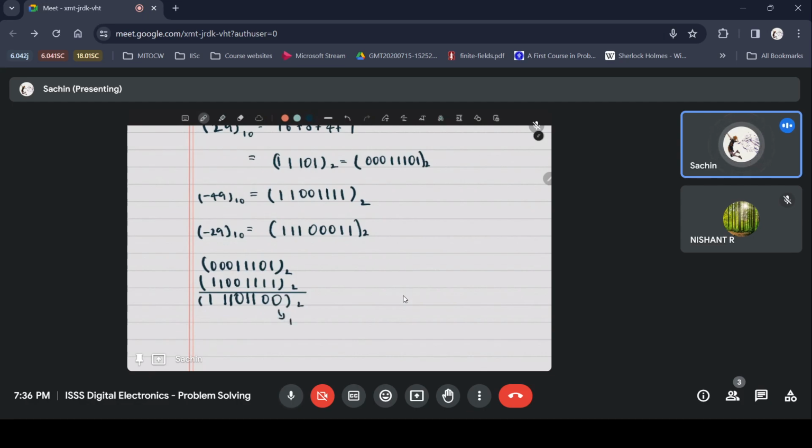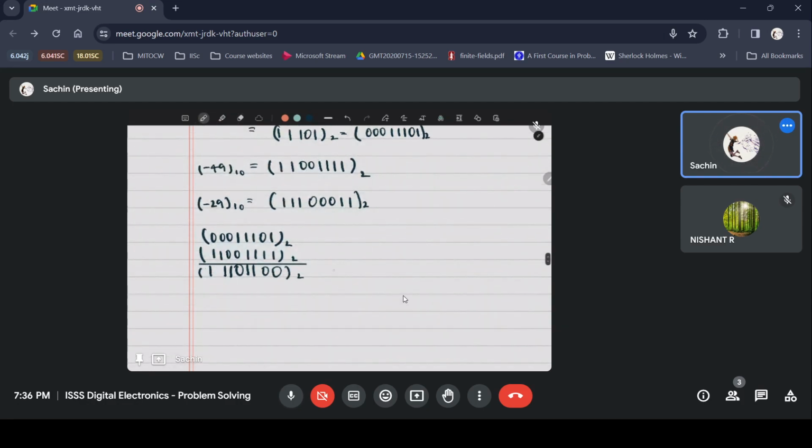So ones place, 2 4 8 16 32 64 128. Okay, this is a negative number, so this is in 2's complement form. You'll have to take the 2's complement again. So 1's complement is 00010011. 2's complement, you add a 1 to it, 00010100.